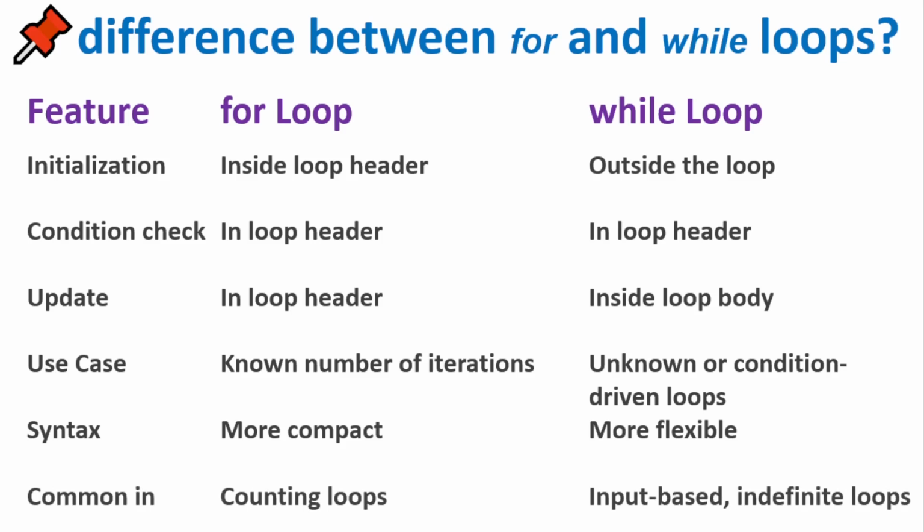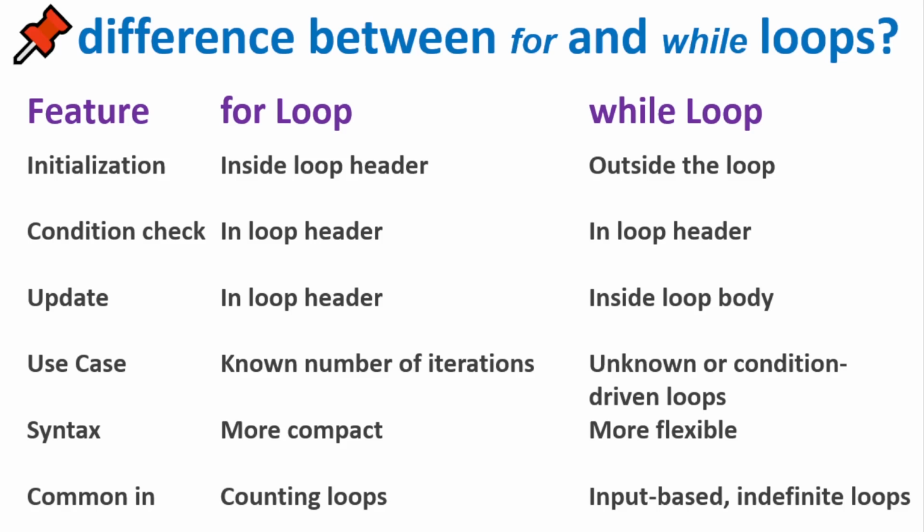Number 9, comparison table between for and while loop. In C programming, for loops and while loops are both used for repetition, but they have different structures and typical use cases.